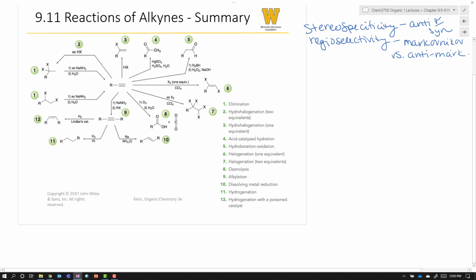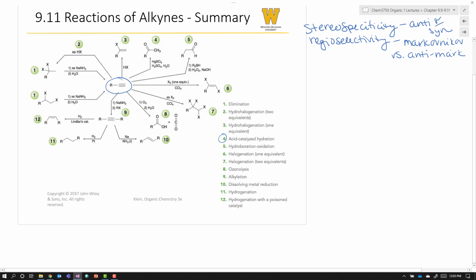Note that this is all with terminal alkyne in the center here. So we have a terminal alkyne, but you want to get used to saying to yourself that if I have a terminal alkyne and I do, say, this reaction, number 4, this reaction, number 4, is an acid catalyzed hydration.